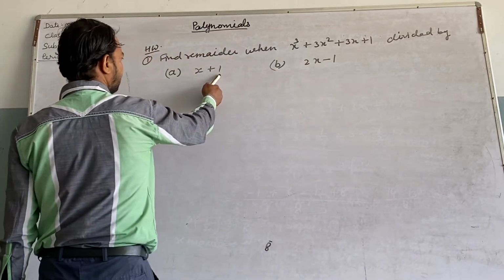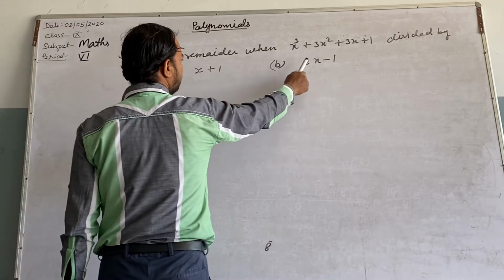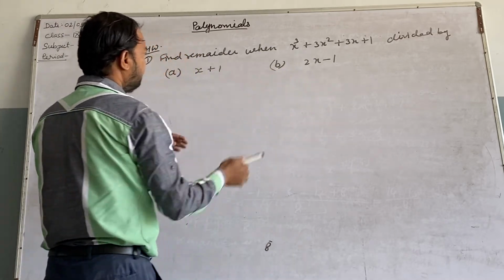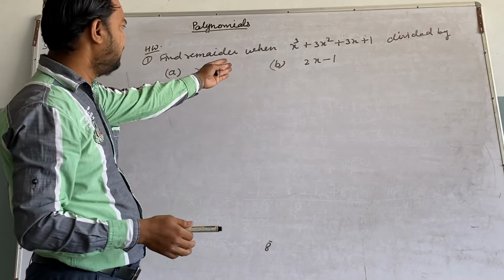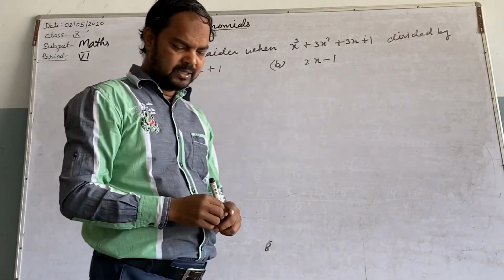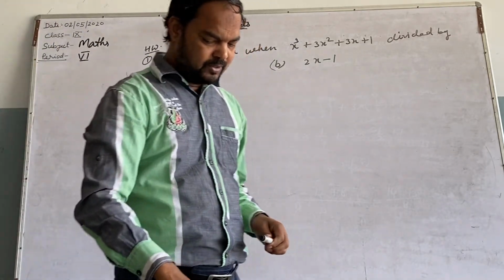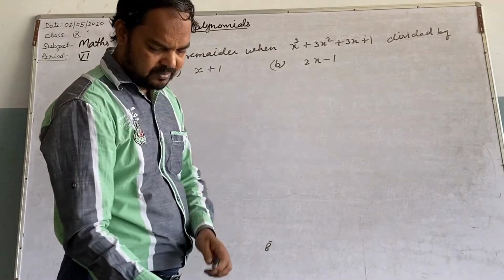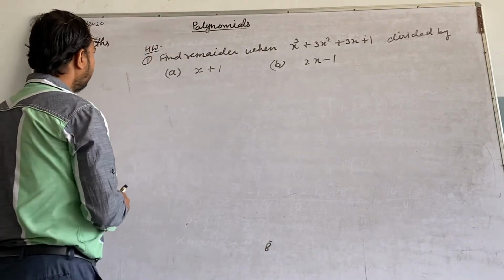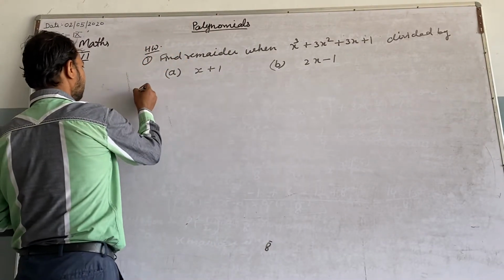Put it equal to 0, then find the value of x, and then put the value of x in the given polynomial. Now second thing, using this we will try one more question. This is your homework.